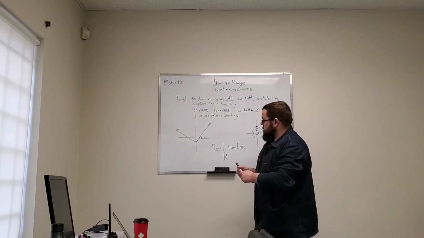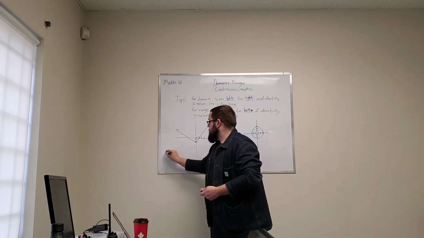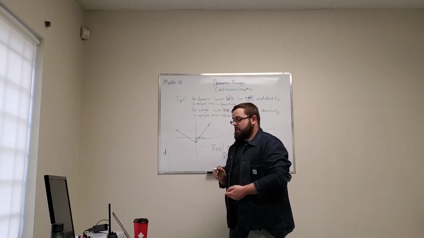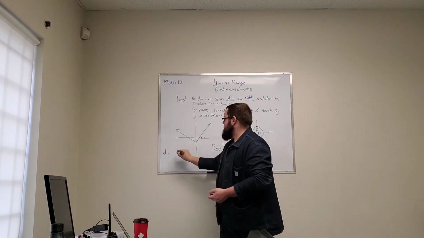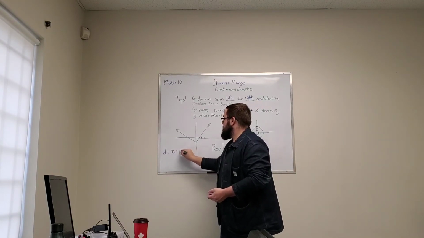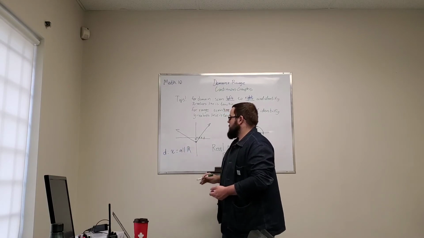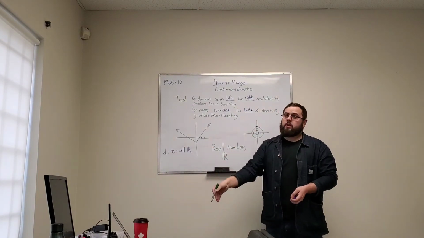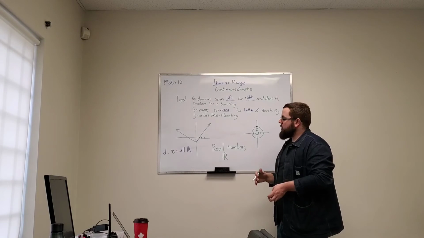So when we write down the domain, and I'm just going to use a lowercase d here, I'm going to say that the domain is x equals all real numbers, okay? Could be any value from -infinity to positive infinity, anything in between.